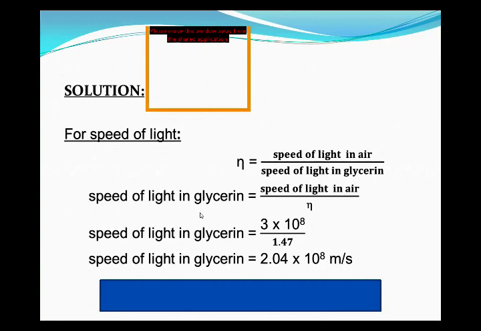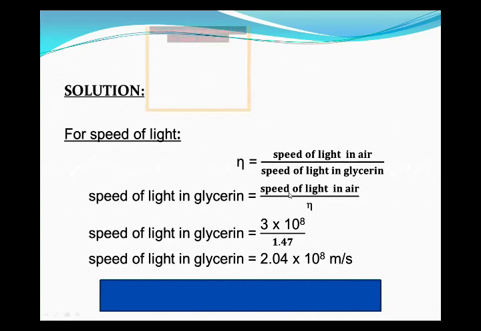Here we have to find the speed of light in glycerine, not the refractive index, so we change their positions. The speed of light in glycerine is in the denominator, so after shifting it comes in multiplication, and n is in multiplication, so after shifting it comes in division. So the speed of light in glycerine is equal to the speed of light in air divided by the refractive index.